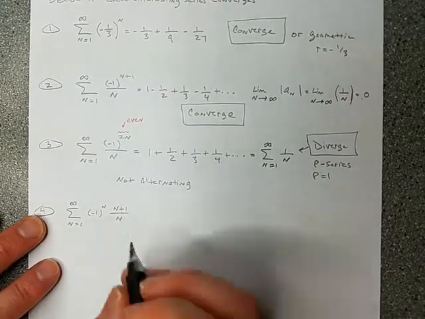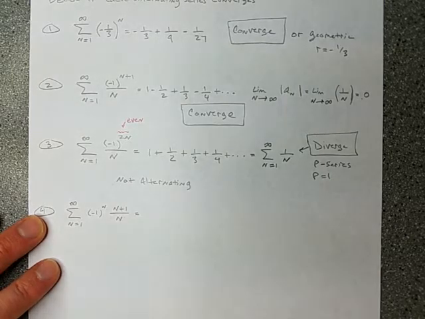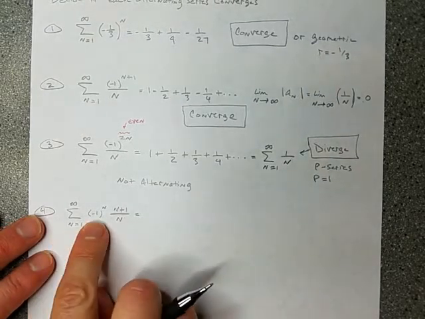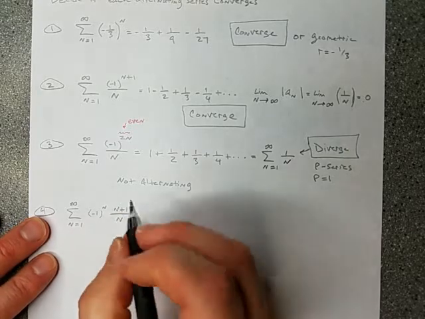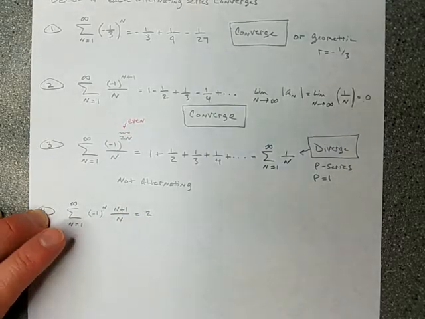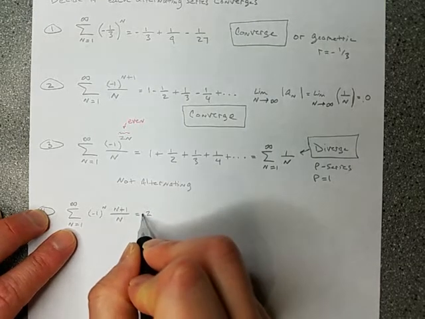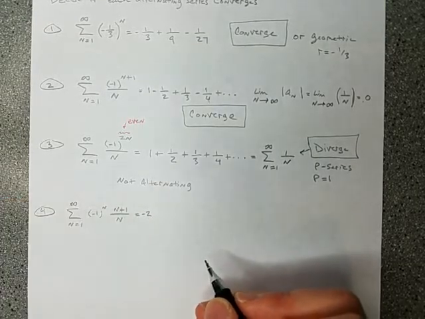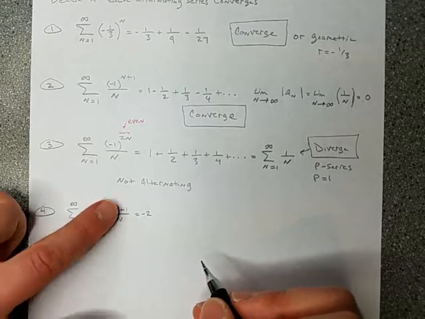What about this? Well, let's take a look at this one. So, okay. First term is negative, and it's going to be 2. Okay. Second term is going to be positive, and it's going to be 3 over 2.